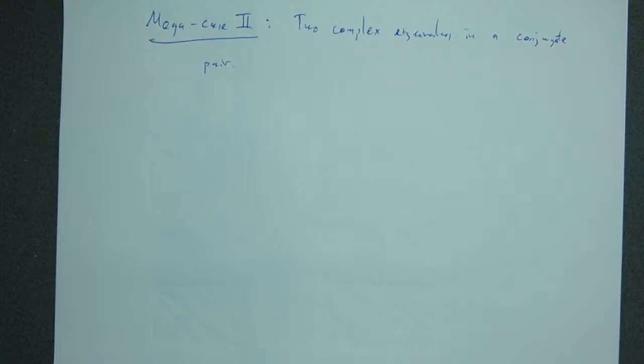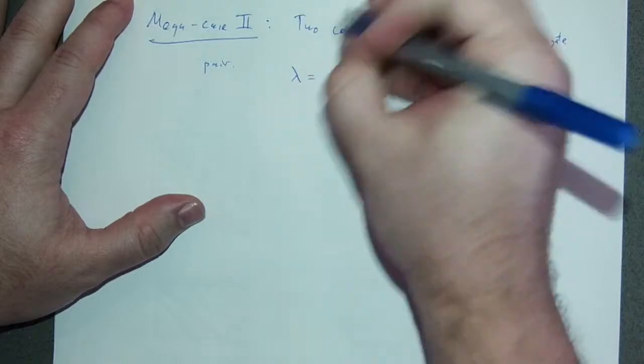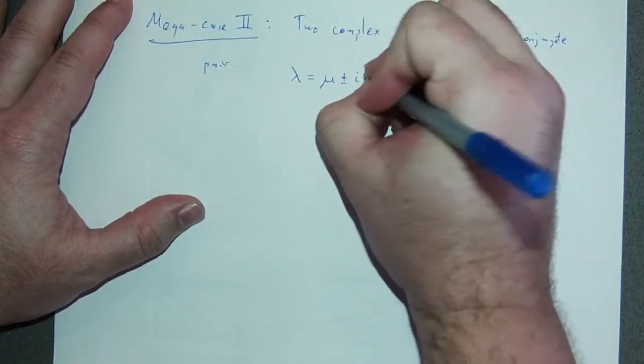So these eigenvalues, of course, look like mu plus or minus i nu.